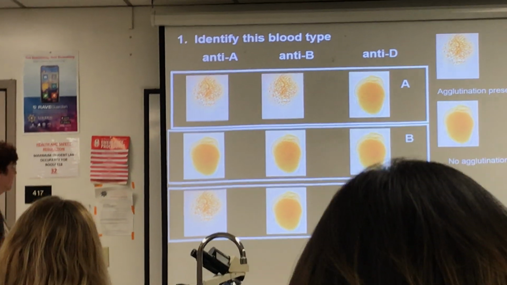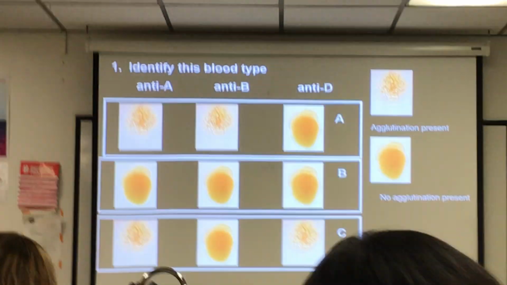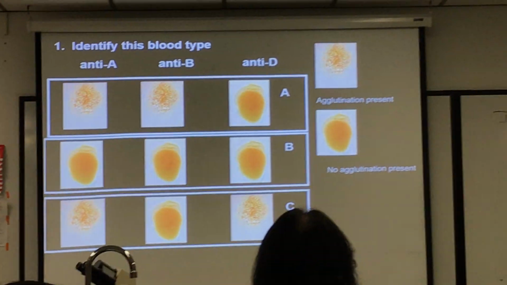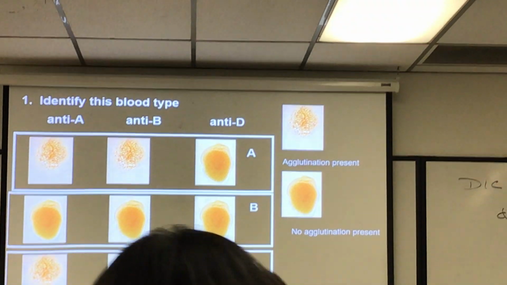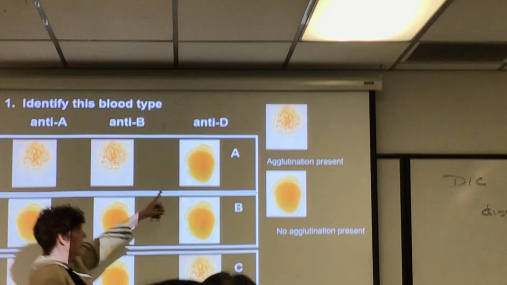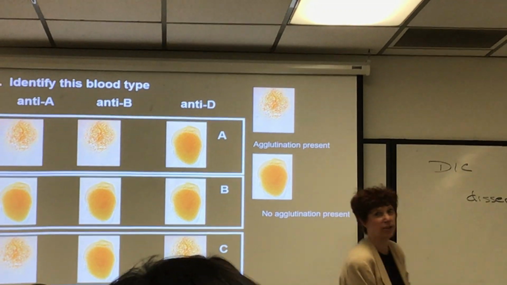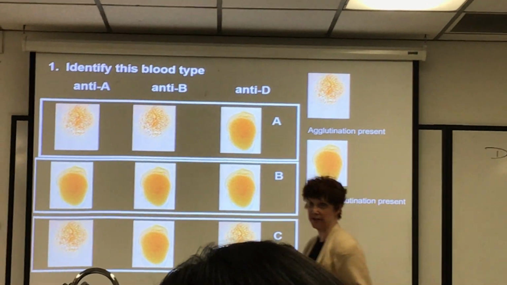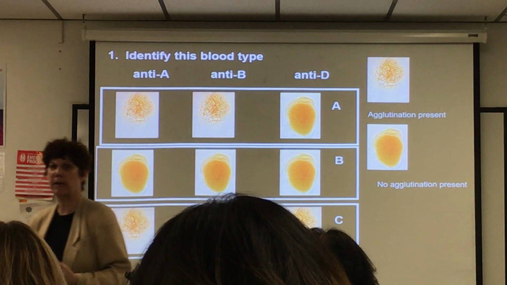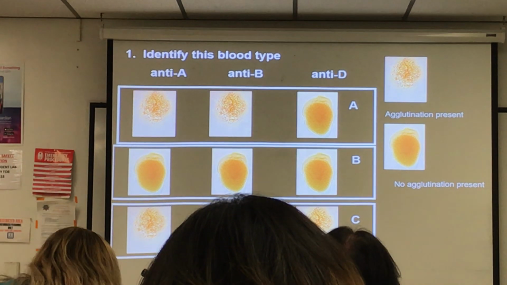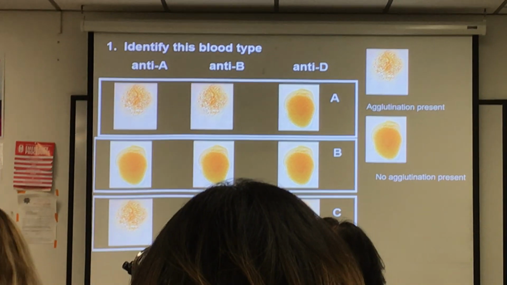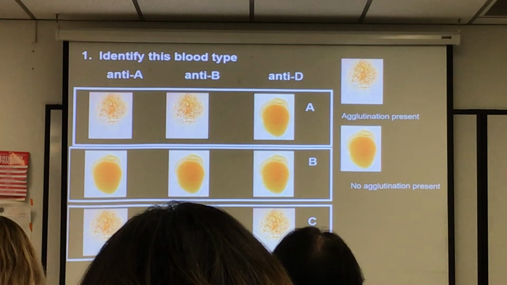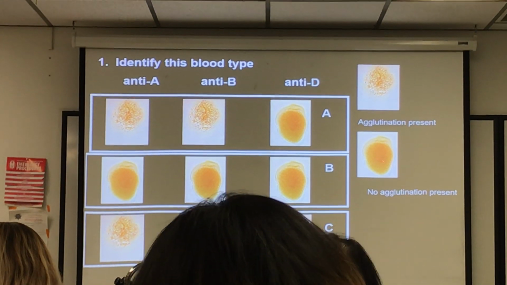So this is one of the ways in the past I've asked blood typing questions. In reassurance, you can see over here I've given a code or a key as to what agglutination is and no agglutination. I'm not testing you on whether you can pick that out or not. Okay, I'm testing you on your ability to translate what's going on. So this is agglutination, this is not.